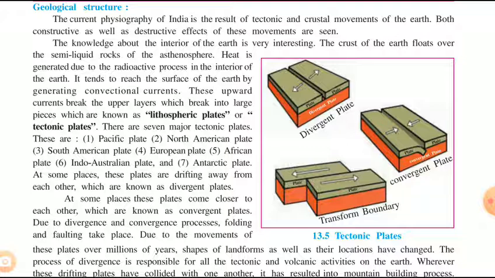These tectonic movements were either constructive or destructive, but the present physiography of India is well developed, and it has made India a good place for availability of different types of natural resources and a moderate climate that makes India a favorable and comfortable place for people to stay. And that's why India is having a very dense population.